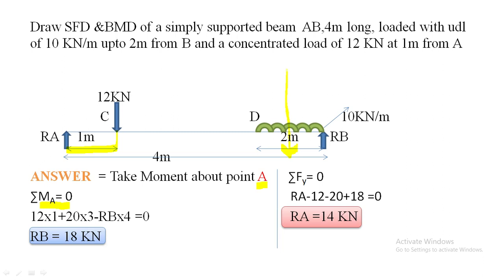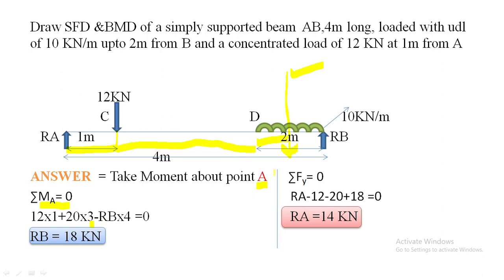Now the value of that UDL is 10 into 2, that is 20 kilonewton. 10 into 2 because 10 is the UDL's value and 2 is the distance, so 10 into 2 converts into 20 kilonewton. The value of this point load is 20, and the distance is 3 meter, because this distance is 1 meter and this distance is also 1 meter. So 1 plus 1 plus 1, that is 3.